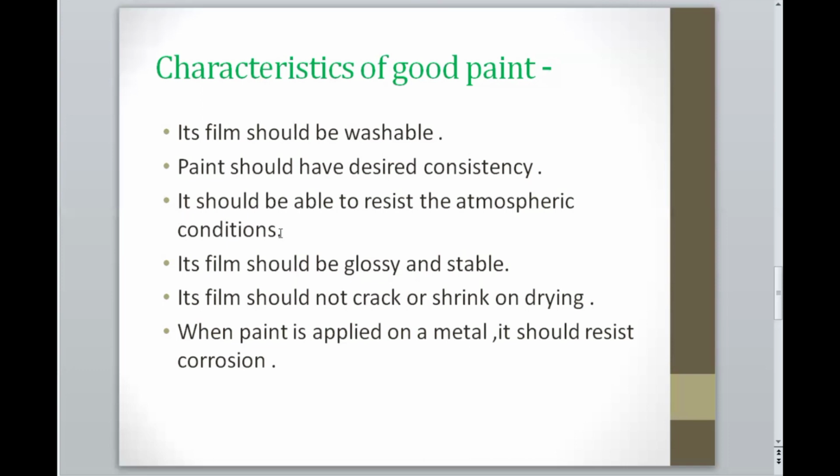Third characteristic is it should be able to resist the atmospheric conditions. Its film should protect the painted surface from corrosion or other atmospheric conditions. So that's why it should be able to resist the different atmospheric conditions.